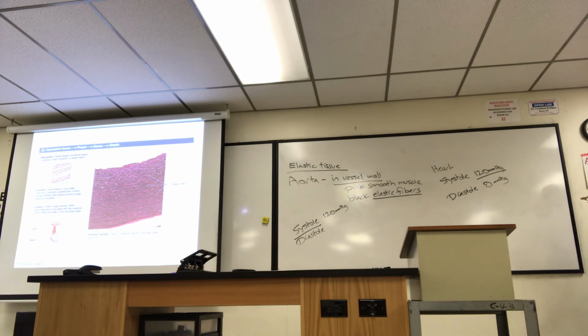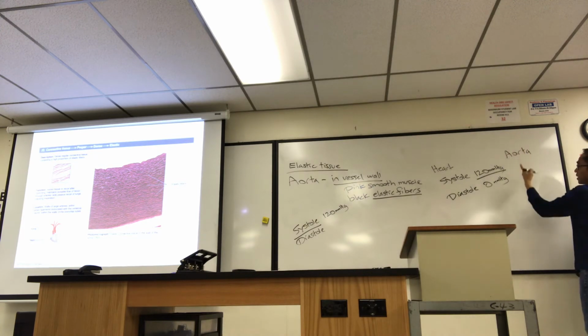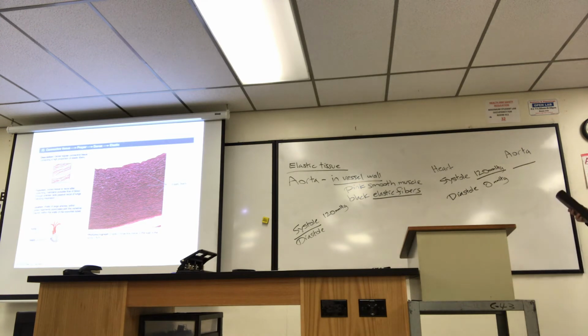But in the blood vessels, you don't want pressure to drop to zero because the blood will stop flowing. What we see in the aorta is that during systole, yes, you push blood into the aorta and it expands the vessel wall, and you measure that as a higher pressure.